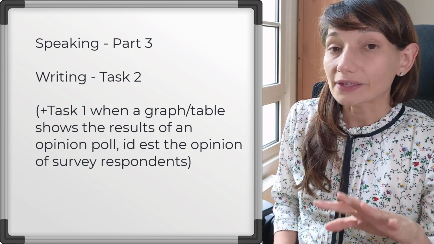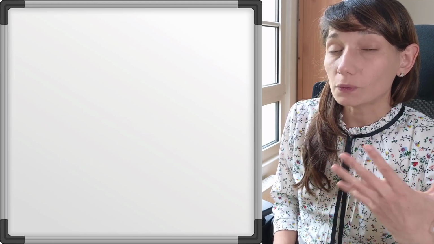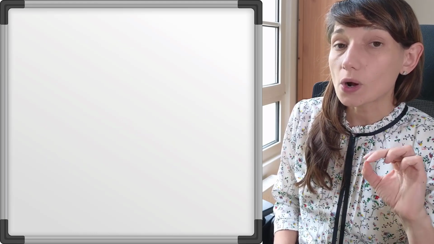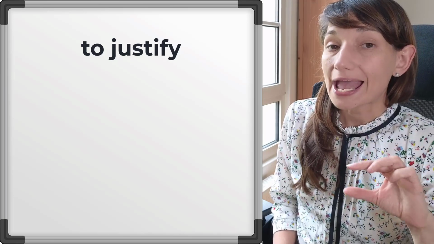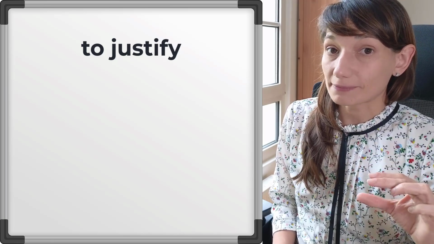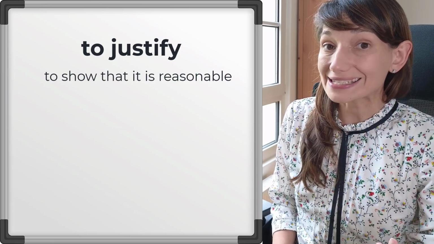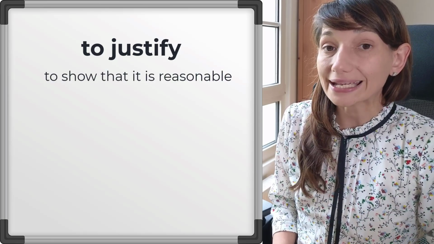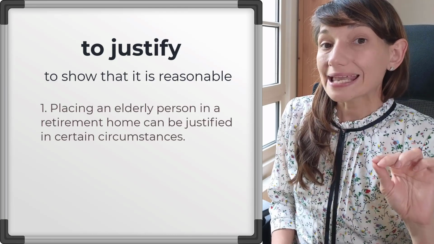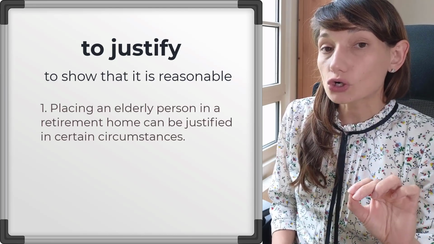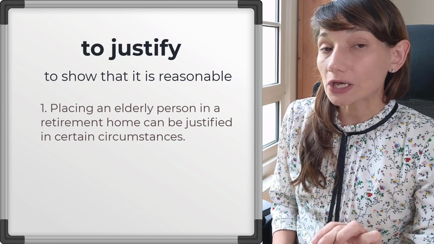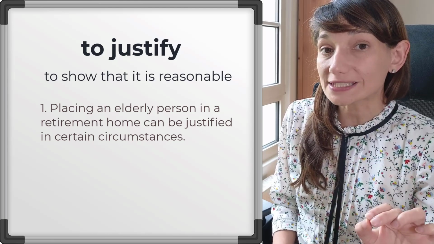So let's start. And the first verb that we will take is to justify. To justify something is to show that it is reasonable. For example, I can say, placing an elderly person in a retirement home can be justified.